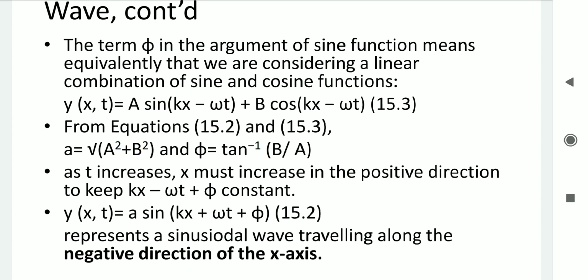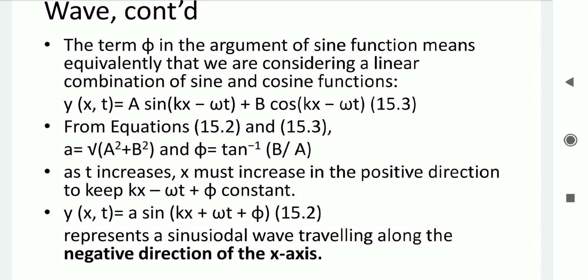A gives you the amplitude of the wave. Omega gives you the angular frequency of the wave. K gives you the angular wave number. And kx minus omega t plus phi gives you the phase, with the initial phase angle obtained by taking t equal to 0 and x equal to 0.